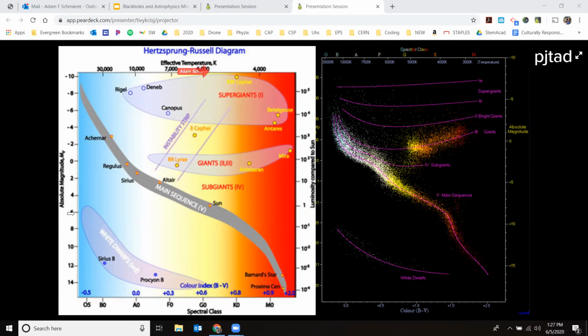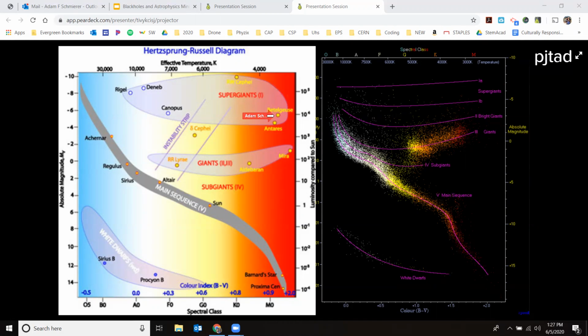Next step, absolute magnitude. In other words, how bright is it? Luminosity. Guess what we call it? One luminosity. It's the sun we're used to. So we say one luminosity compared to the sun. As we go up on this, we're becoming more luminous. It is outputting more energy per second.